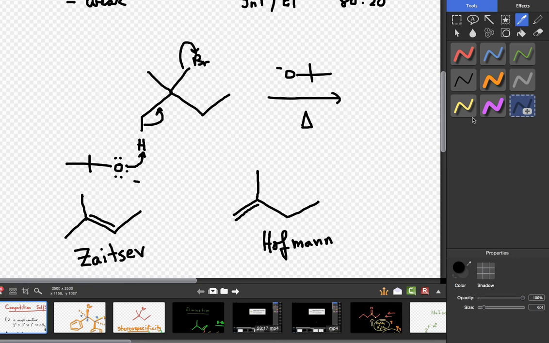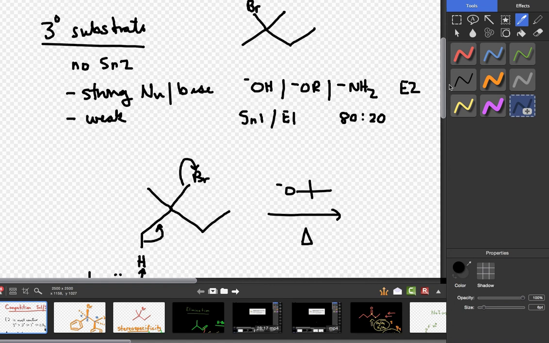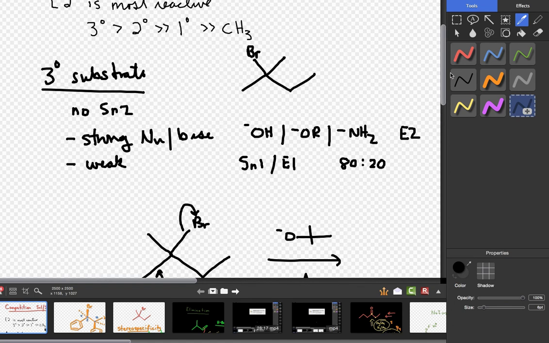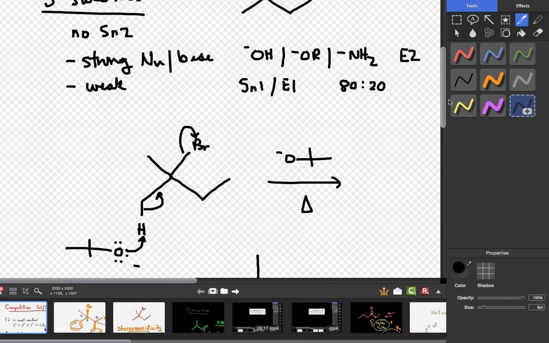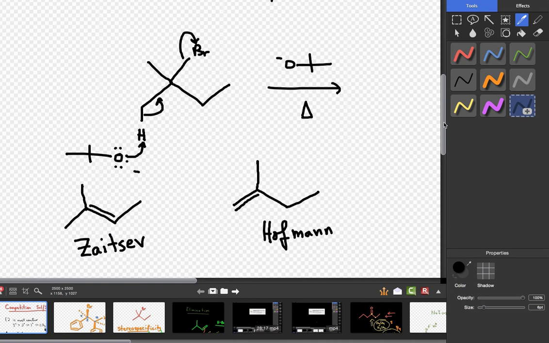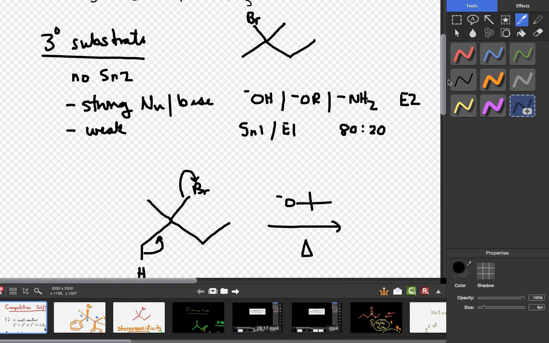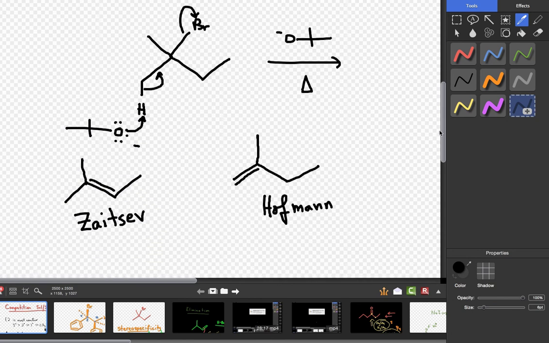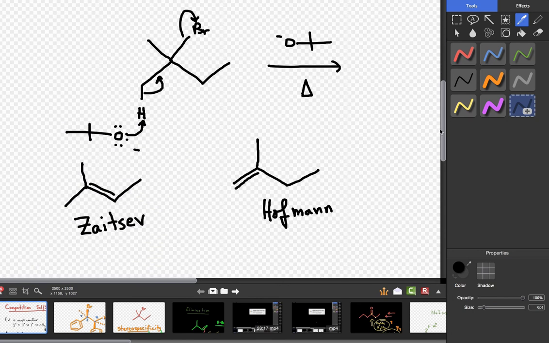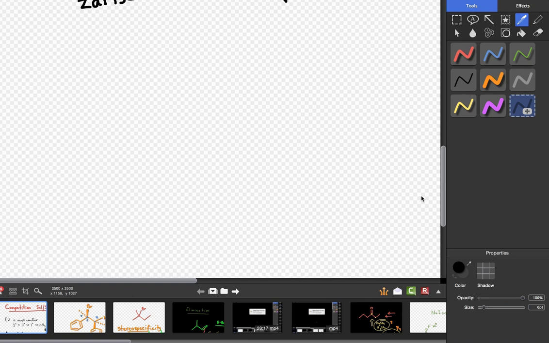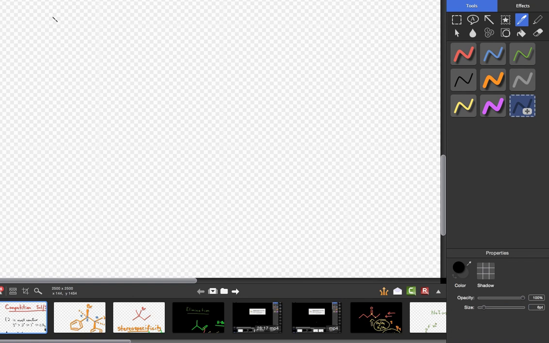So that's really our only dilemma if we have a strong base and a tertiary substrate. If the base is bulky, E2 will predominate and I'll get Hofmann. If the base is not bulky, E2 will predominate and I'll get Zaitsev. All right, now let's look at a secondary substrate.